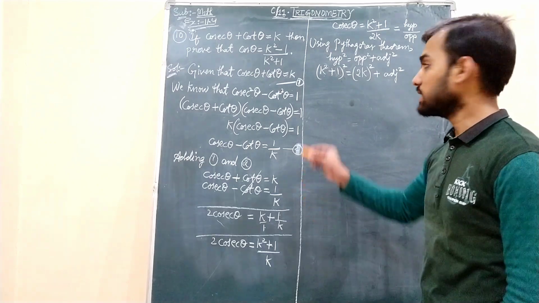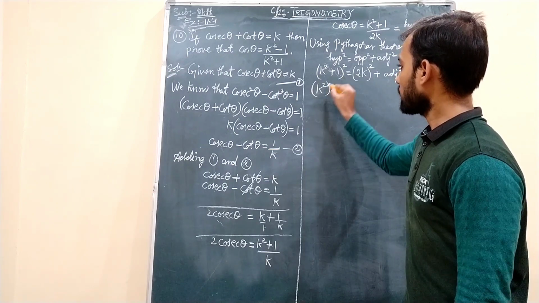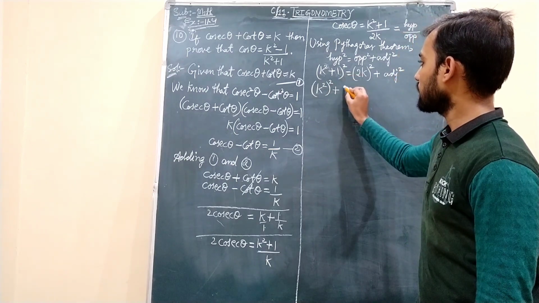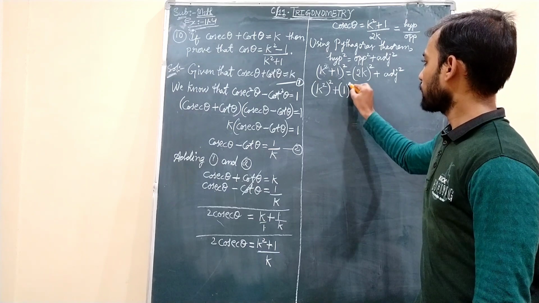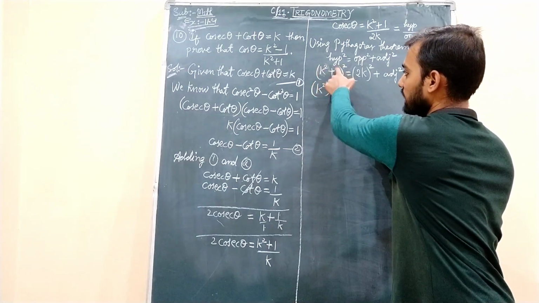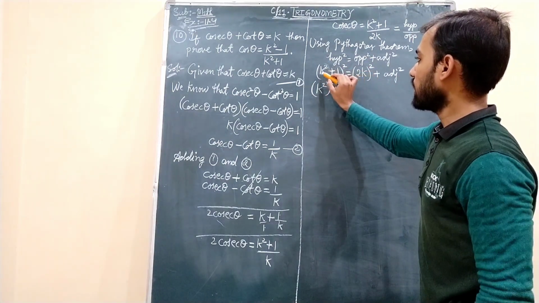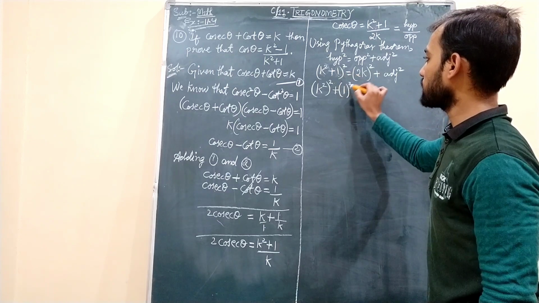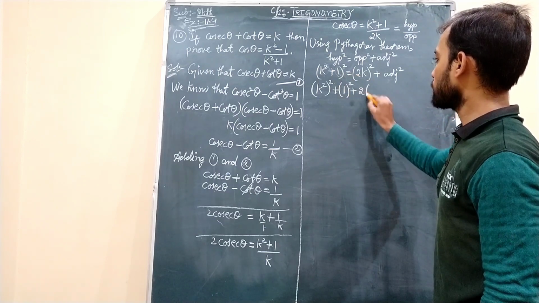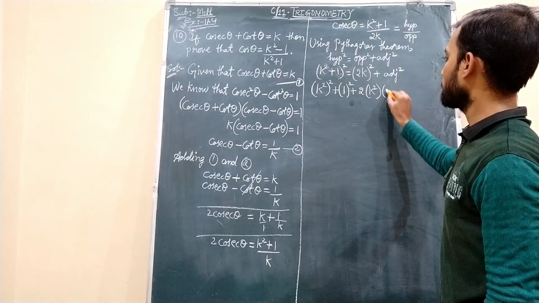So this is a square plus this is b square. Don't get confused in this part. This completely is a, this completely is b. This is whole square, so this square is not there for this. A square plus b square plus 2 into a into b.